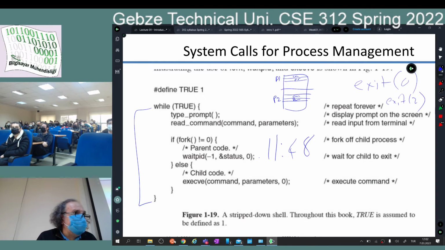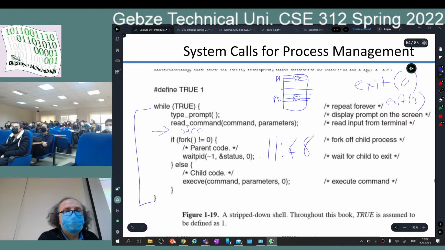I would check if my command is exit. If it's exit, then I would terminate my parent program. Exactly. Here I check if the command that I read from the keyboard is exit. You just make a strcmp.